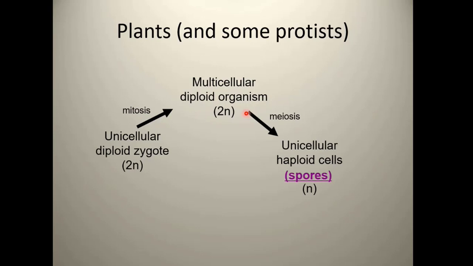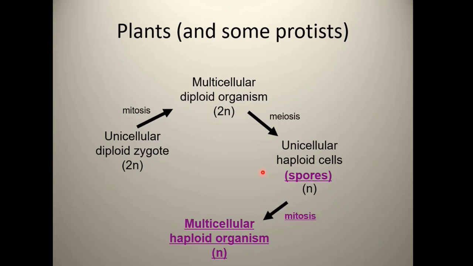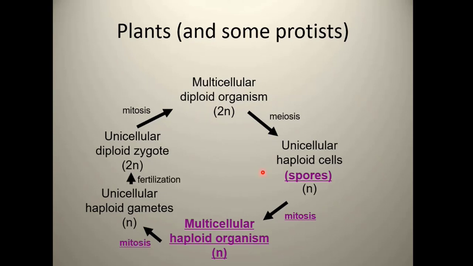And for the spores there, you can see that there could be a multicellular haploid organism, where the process turns to mitosis, and then it transitions to the unicellular haploid through mitosis. This is the transportation method.